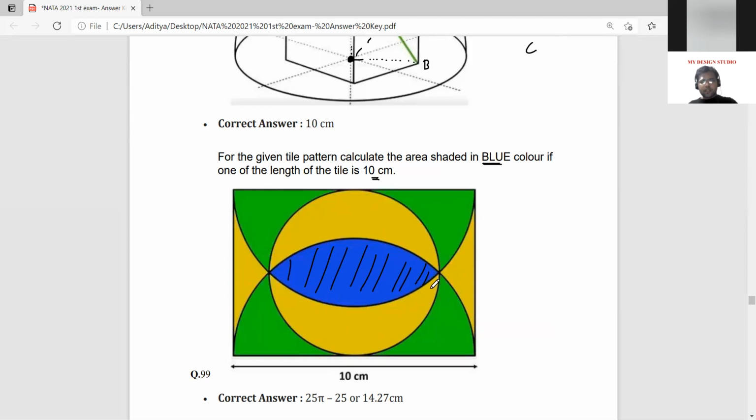Okay, now we can understand certain conditions here in the diagram. One condition is that there is a circle that intersects here. There are two semicircles which are also intersecting here. Okay, so these conditions are to be kept in mind.